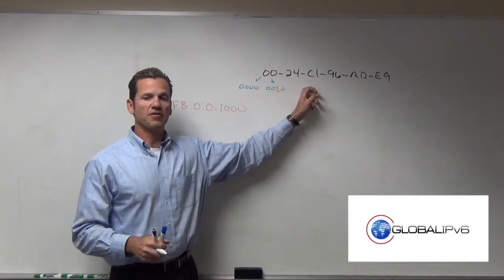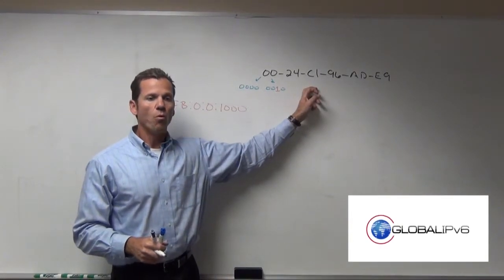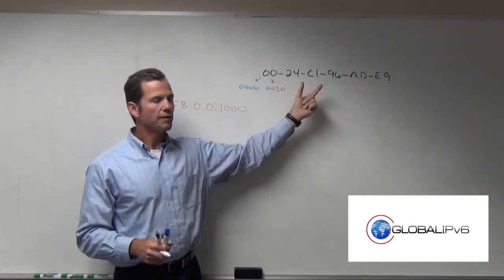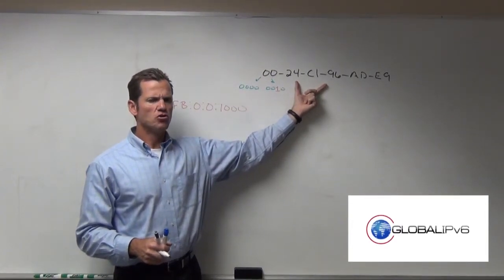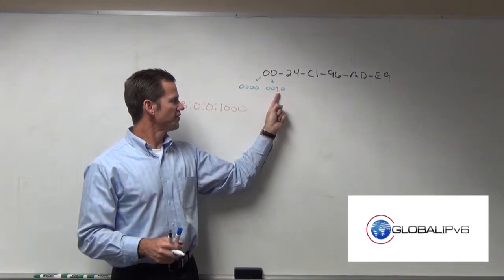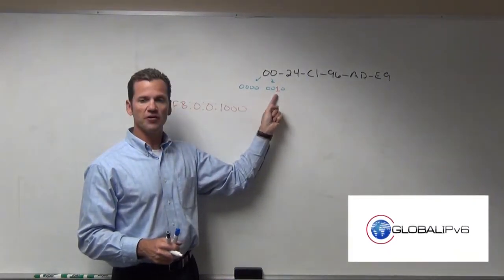All your operating systems across the board will do this when the host gets the address off of its Ethernet card. So when it flips the second to least significant bit, I'm left with a 0 and a 2.